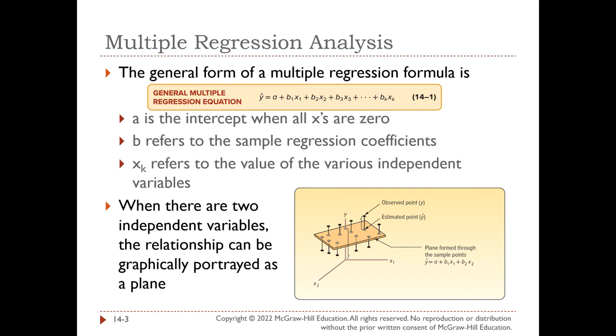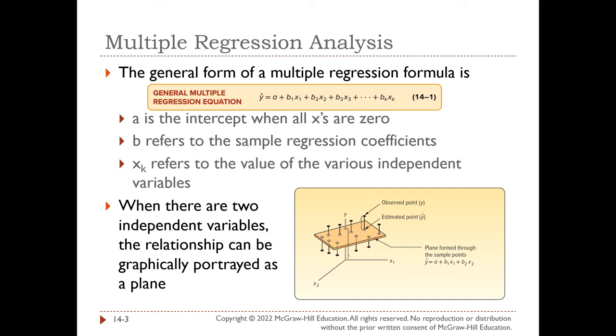So, our multiple regression analysis has this kind of equation. Y hat equals a plus b1x1 plus b2x2 plus b3x3, and so forth and so on till the end of time. That's why they have k. k can represent any number. So, the values of various independent variables.